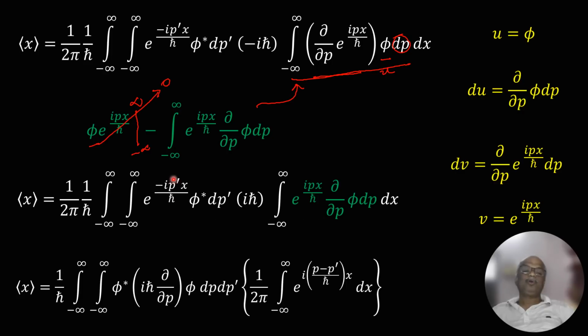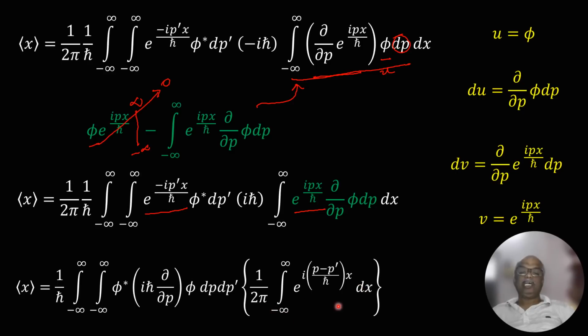Now what I am going to do is separate this in terms of p and x. Here you have terms with x, here you have another term with x. Only thing is here it is p prime and here it is p. So you combine both. If you combine both, that is minus infinity to plus infinity e power i, plus p minus p prime over h cross, of course times x dx.